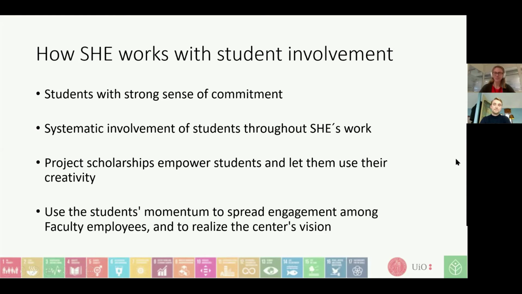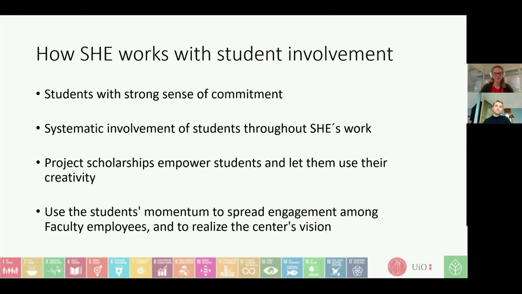It's a highly engaged student mass, and I think that the students and their commitment are one of the faculty's greatest resources. Because of this, and the fact that it's today's youth that will form the society of the future, SHE systematically involves the students throughout the work of the center.